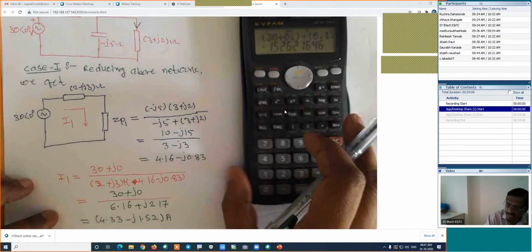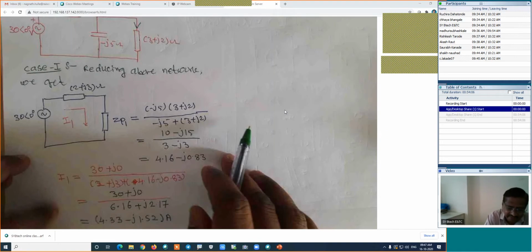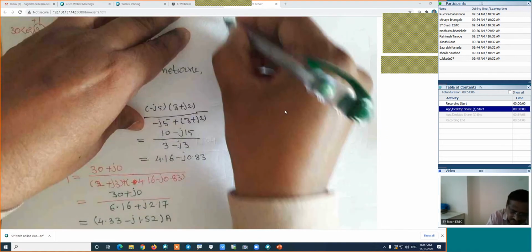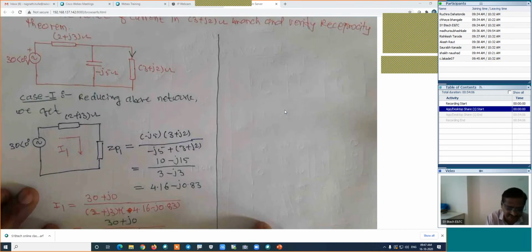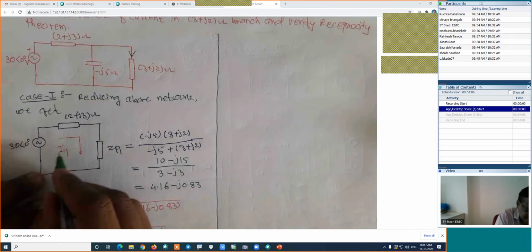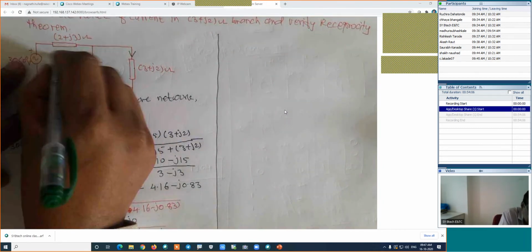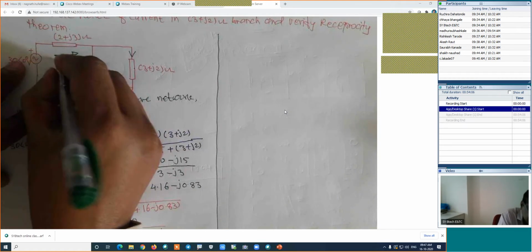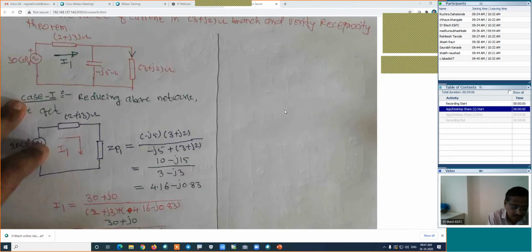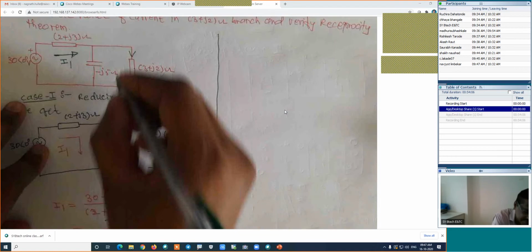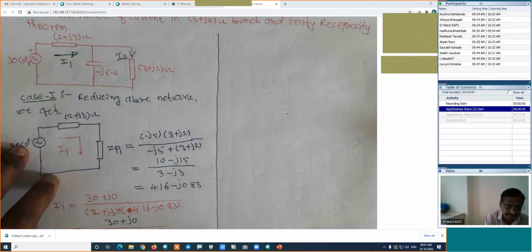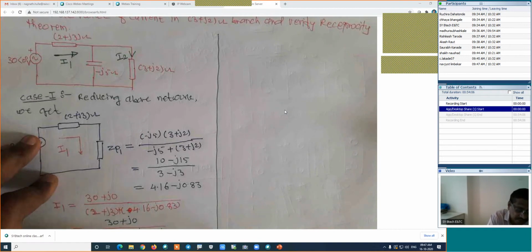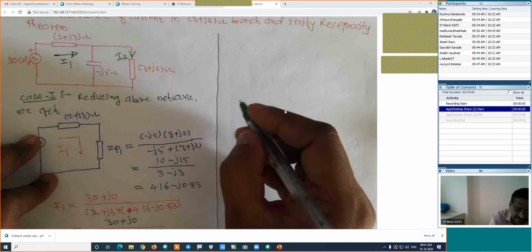Is it right? Now if we know the total current, we are in a position to find the current in the required branch. I will start from this point. This current is I1, and we are interested in calculating this current, which I will call I2.